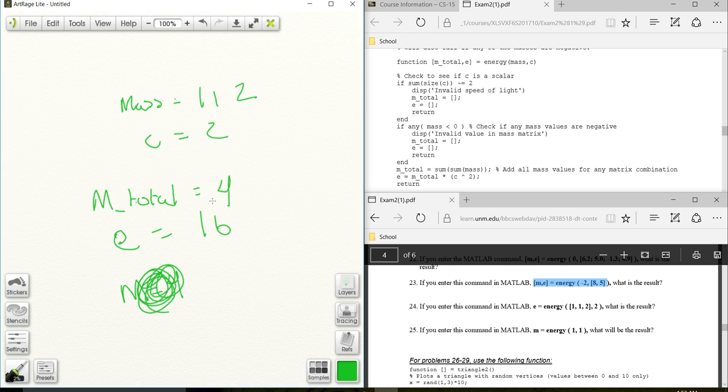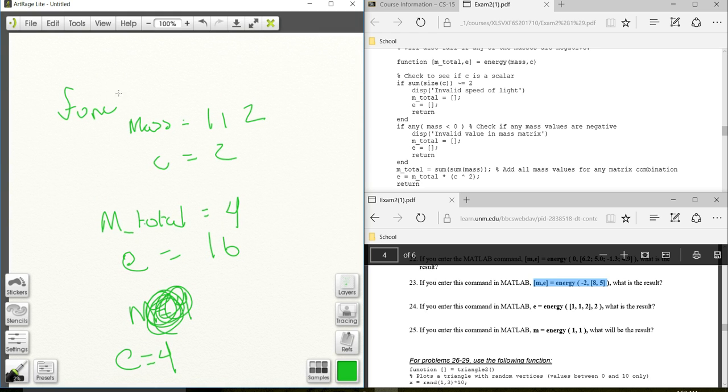And so here, the final answer is going to be E is equal to 4. This is the E inside the function. I have the word function up here, and then I have this big square.